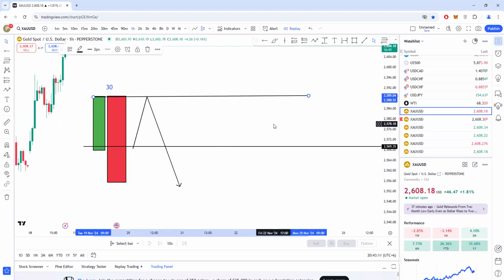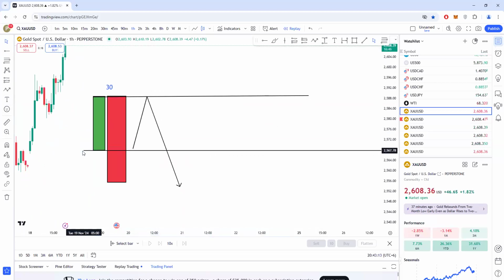In total, how many? 12, isn't it? First, this one has 6, this one also 6. In total we are going to get 12. Okay, 12. Now the same thing.